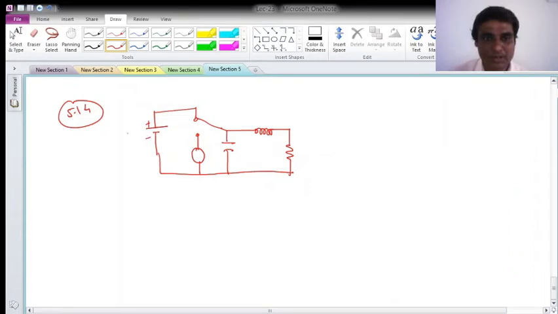And suppose this battery is of 4 volt. Okay, previously it was connected at port 1, now it moved to point 2, and this is my E of t. Okay, and the capacitor is of 6 farad, this is 2 Henry, 4 ohm.